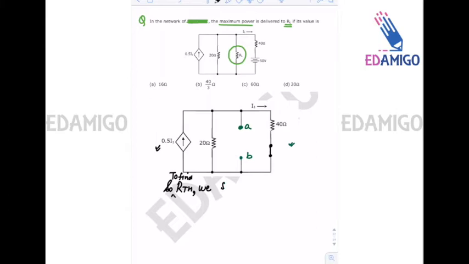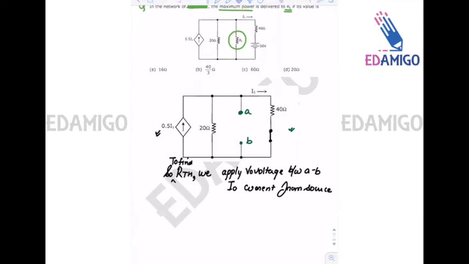we apply a V0 voltage between the AB terminals and assume I0 current from the source. Let me copy the figure.